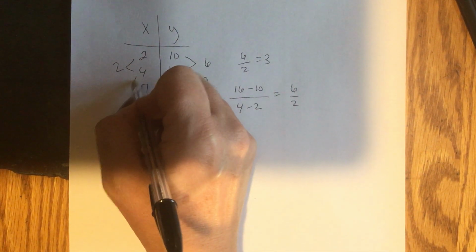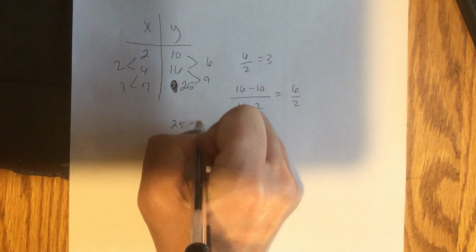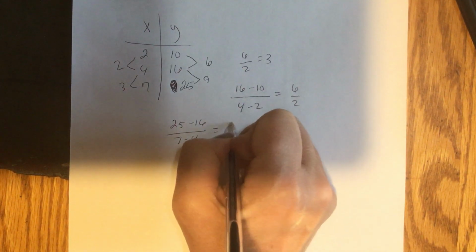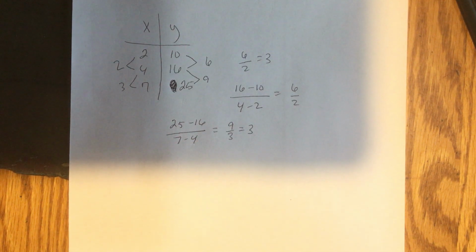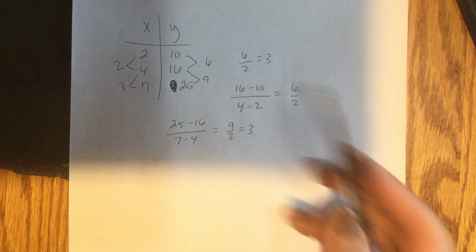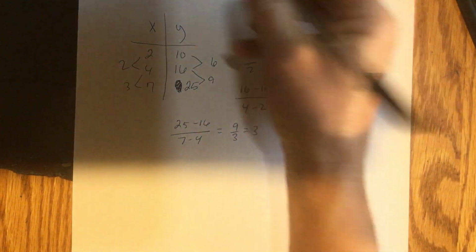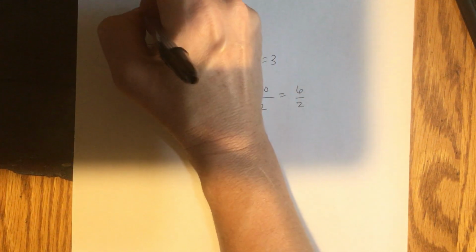The difference between 4 and 7 is 3. So if you do 25 minus 16 over 7 minus 4, that gives you 9 divided by 3, which is 3. So the rate of change is 3. If we knew what this represented, like I think in one of your problems, this is like pancakes and cups of flour.